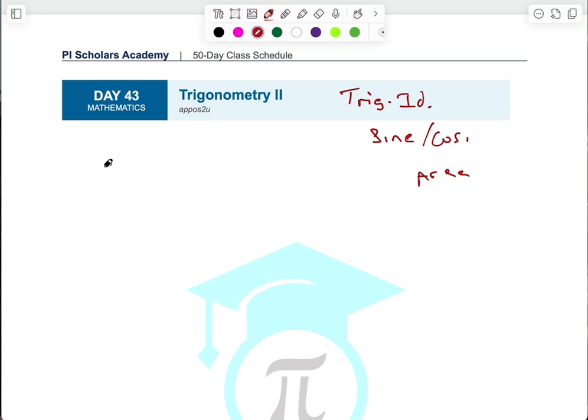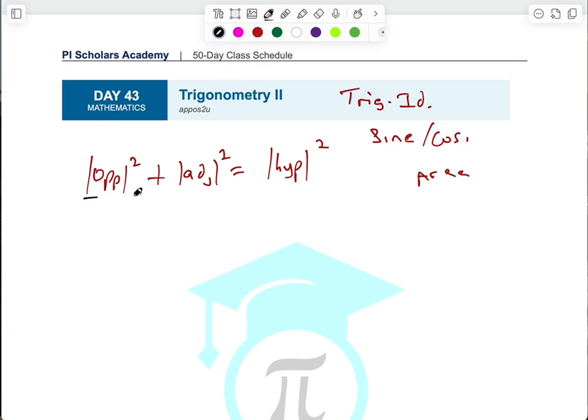We have the Pythagoras theorem, and the Pythagoras theorem simply tells us that the square of the length of the opposite side plus the square of the length of the adjacent side is equal to the square of the length of the hypotenuse. So to generate these trig identities, for the first case, I'm going to divide everything through by the square of the hypotenuse.